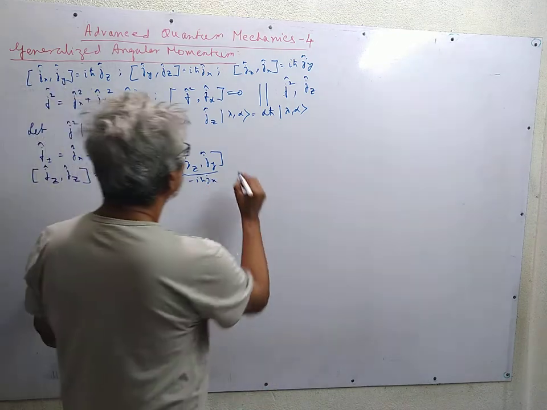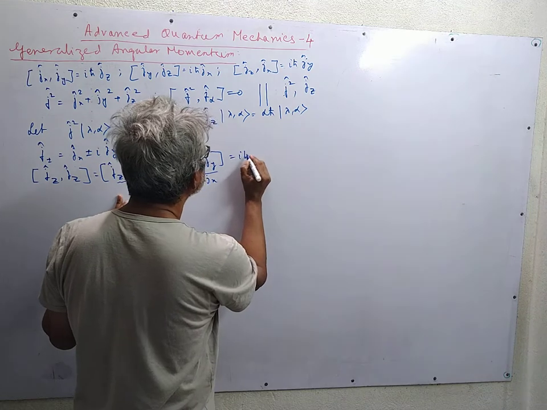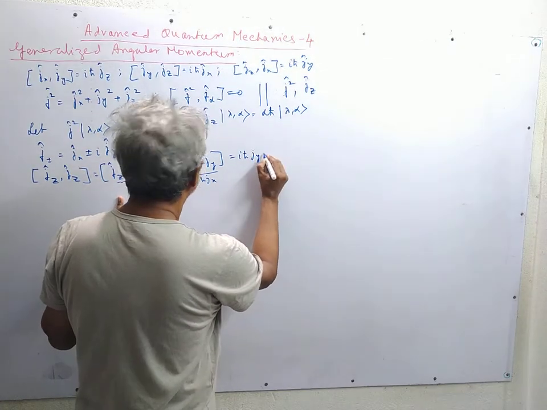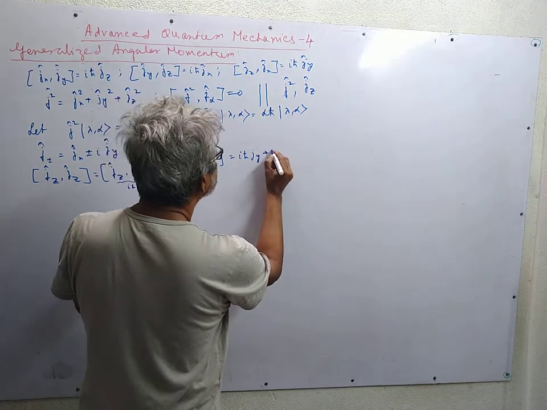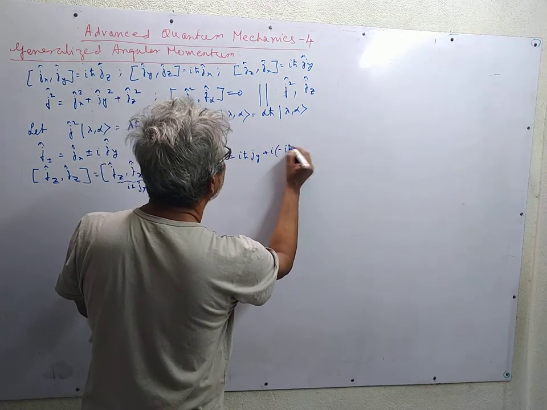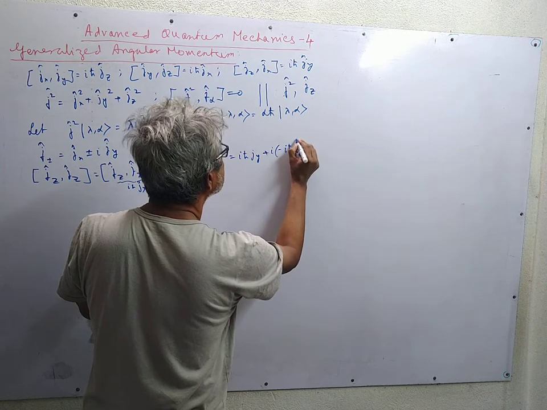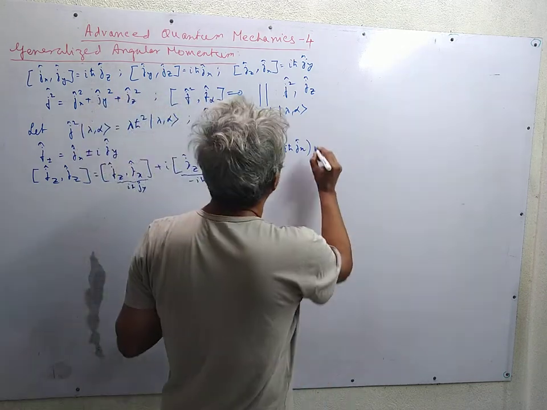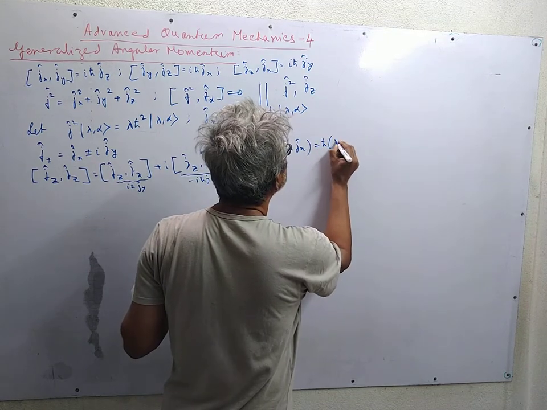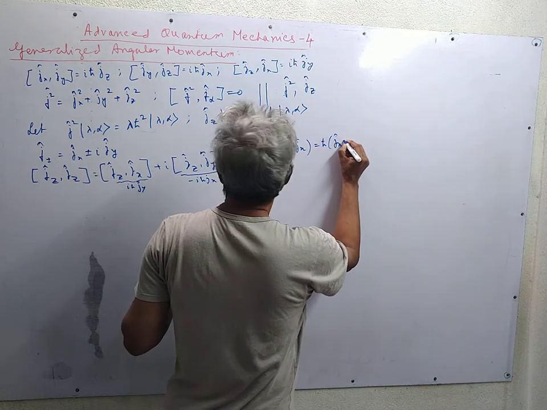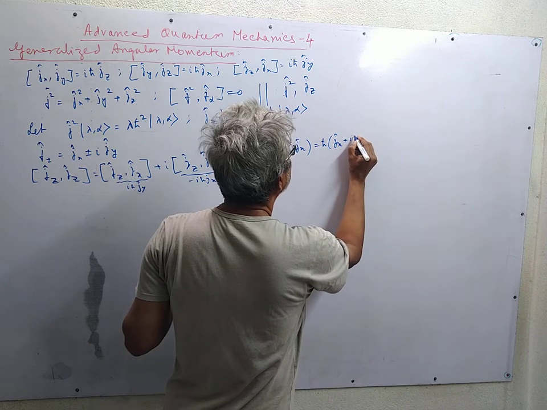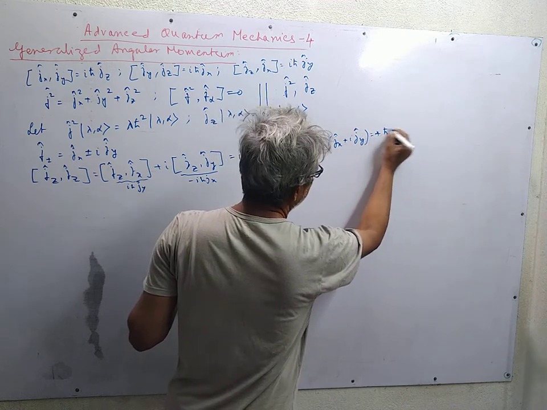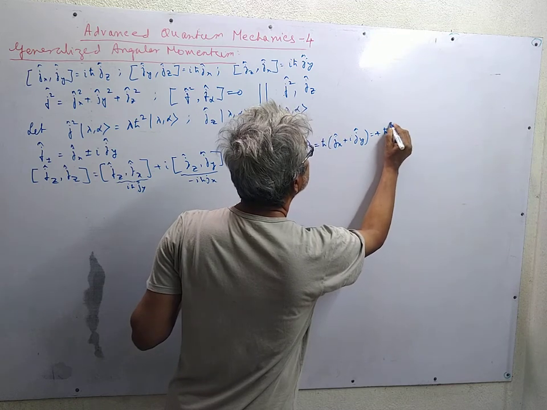So we get iħ Jy plus i times minus iħ Jx. So this is minus i², which is 1. Taking ħ common, this is Jx + iJy, which is plus ħ J+.